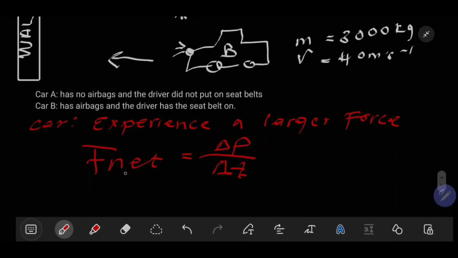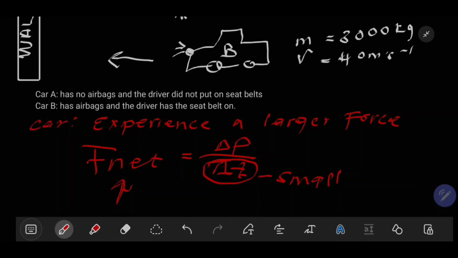Okay, so if the force is larger, then it means the time taken is small. That's what it says: if the time taken for that action to happen, or that force to be experienced, is small, then it will be a larger force.